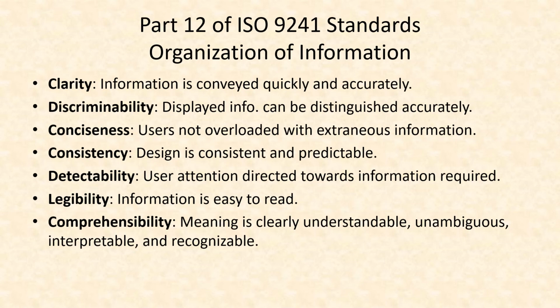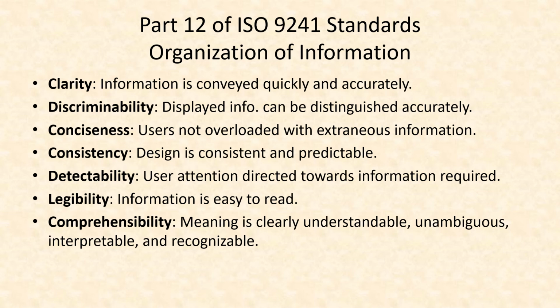The ISO then goes on to describe some particulars to consider when organizing information on an interface. They talk about clarity. Is the information clear to the user? Can it be distinguished accurately? Is it concise and the user's not overloaded with extra things? Is it consistent?